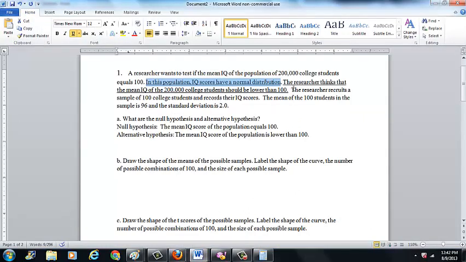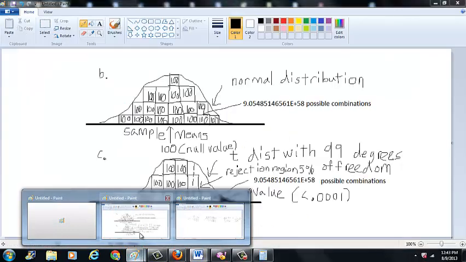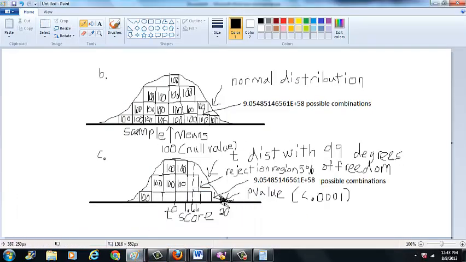It's still 100 because the researcher is recruiting a sample of 100 college students. Sometimes it might be another number. For example, if it said 50, you would put 50 inside each of those boxes instead of 100. You also want to say sample means down here and label your null value, which is the population mean being tested. The null value goes at the center of this curve.